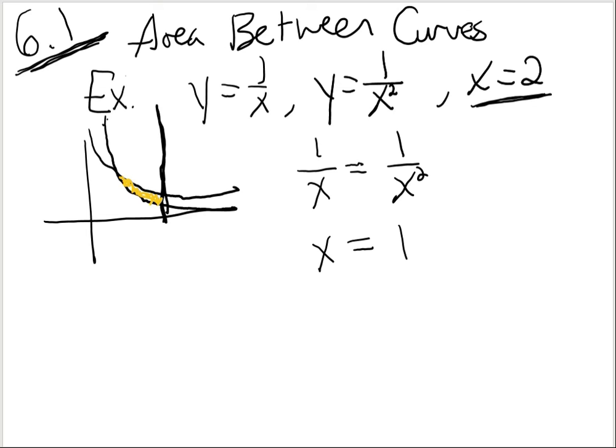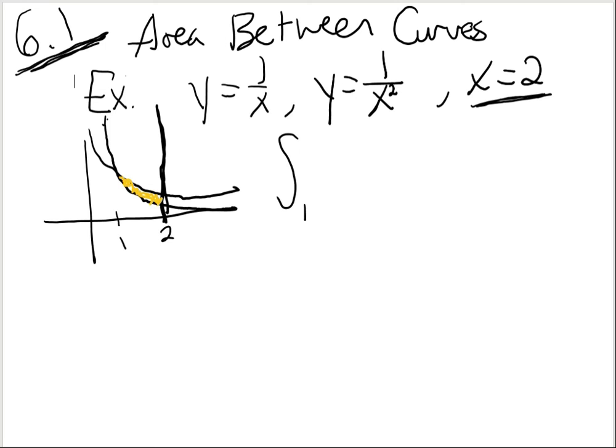Okay, so at this point the x value is 1, which means now that we're going to want to integrate, we're going to do the integral from the left, 1, to the right, 2, of the top function minus the bottom function. Top function here is 1 over x.